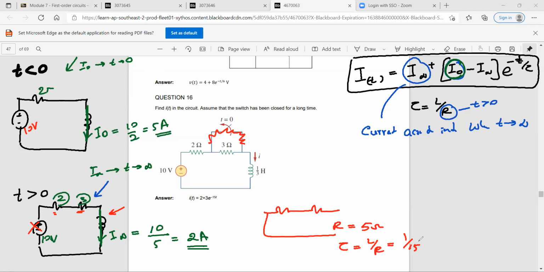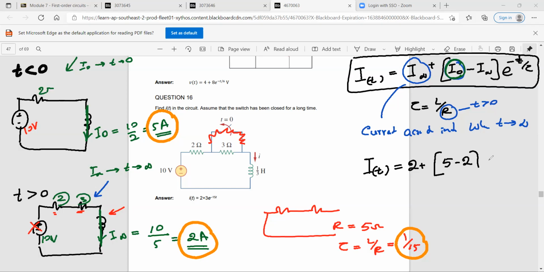Now you have everything. You just need to substitute in the equation. So this is tau, this is I infinity, this is I naught. So you just substitute everything in the equation. So you have I(t) equals I infinity, which is 2, plus I naught, which is 5, minus 2, times e to the power minus 15t.